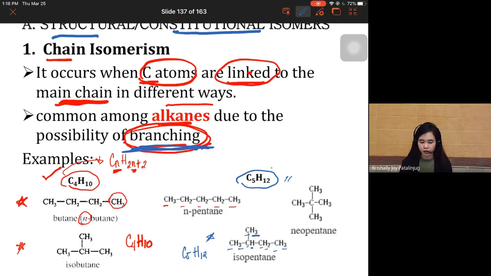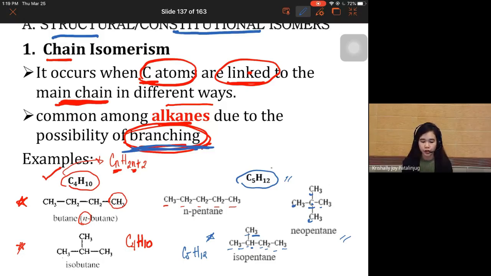Okay, so another isomer ng C5H12 is neopentane. Ganon din, this is C5H12. Diba? Lima yung carbon, and there are 12, no? There are 12 hydrogens in this structure. Okay, so these are examples of chain isomerism.